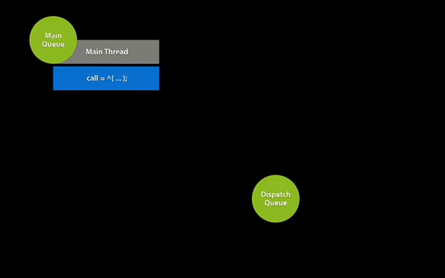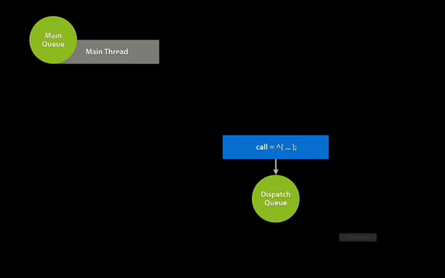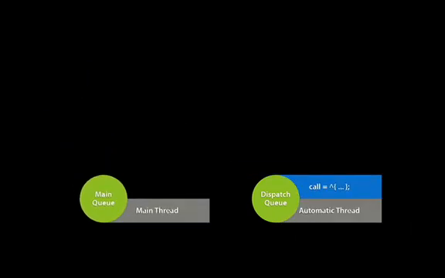And let's say this code that's running on the main thread creates some sort of block which we'll term the call, and the call is what's going to be executing asynchronously in the background. Well, it gets submitted to the queue and run on an arbitrary thread, and at some point the call finishes, and it's going to instantiate a block that we'll call the callback, and that'll get submitted back to the main queue.